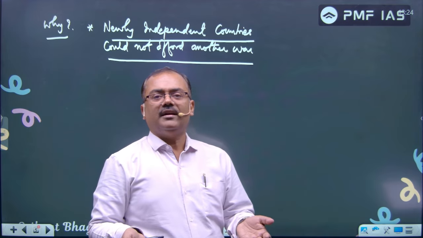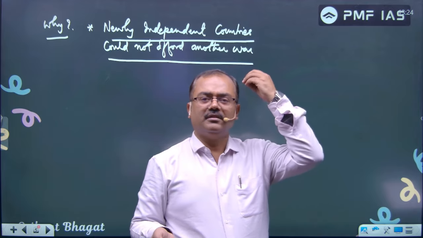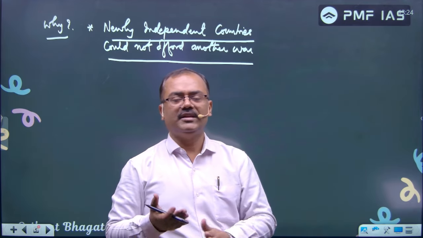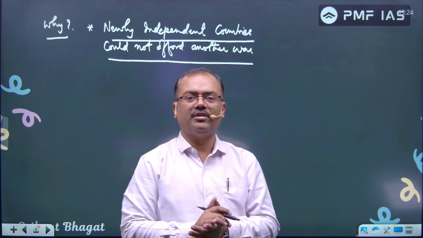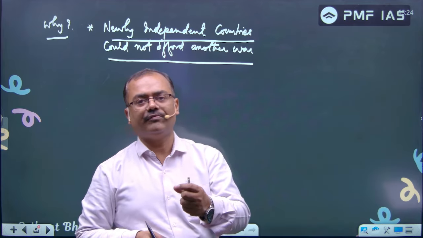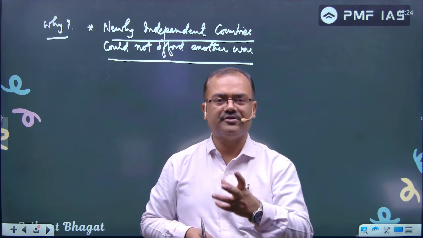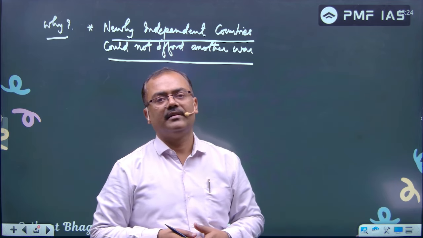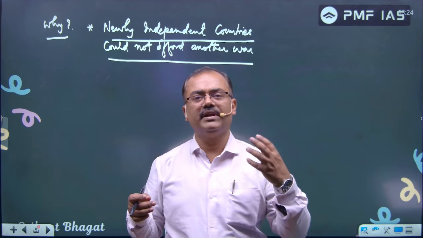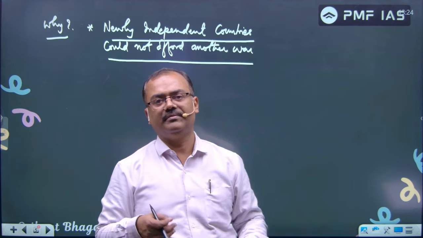India had already faced numerous famines. The condition was such during the Second World War that lakhs of people died of hunger, of the absence of food. Famine had taken a toll of millions of lives around the world.